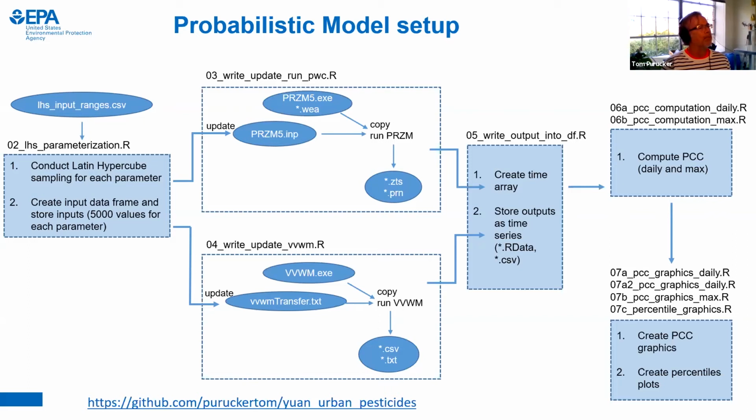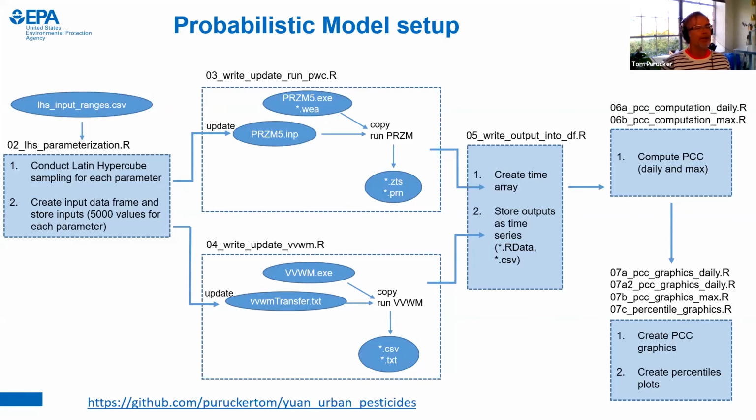To do the Prism one-dimensional transport of soils into the deeper layers of the soil surface as well as groundwater, and then runoff to the water body, and then VBWM handles those processes that occur once the pesticide hits the water and partitions to the sediment, moves downstream, that sort of thing. And so we have 5,000 sets of inputs, so we get 5,000 sets of daily outputs over a 5-year period.